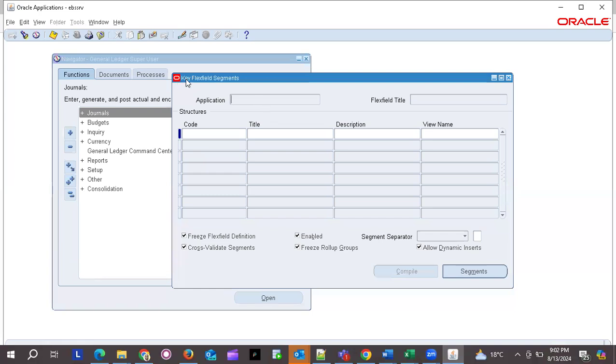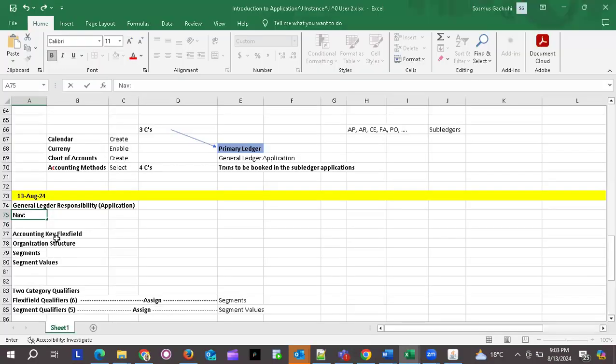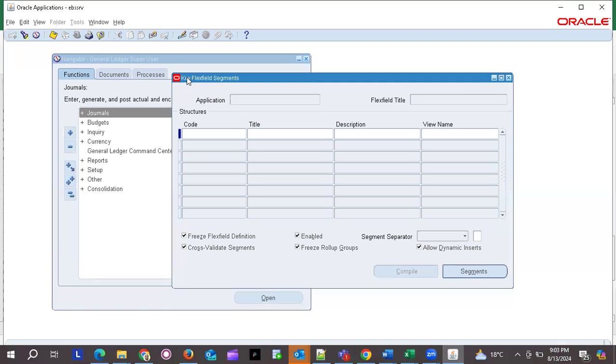You can see this window is called Key Flexfield Segments, and that's the feature we are using to define the segment. For the segment we have to define the organization structure. Let me show that. This is the accounting key Flexfield window.